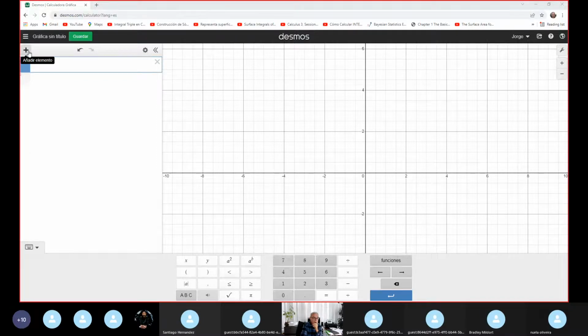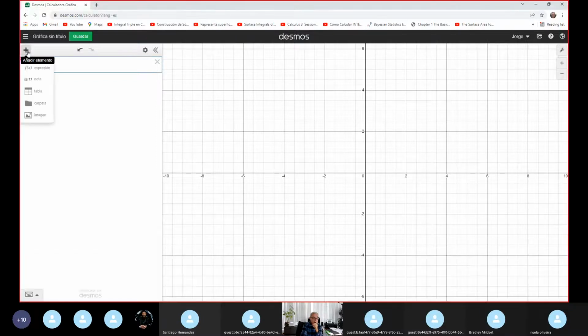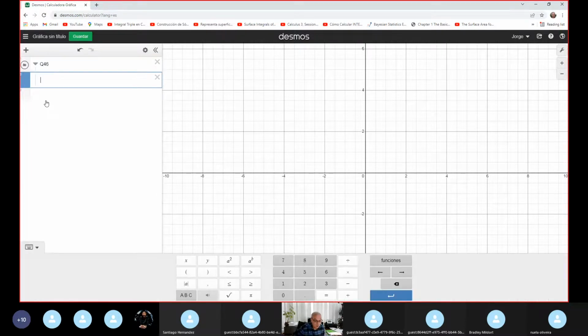Suppose you click here on the plus and add a folder and you put the name. The name is question 46. And you put the equation. I recommend you put y equals something because it's a function. I want to see it graphically.